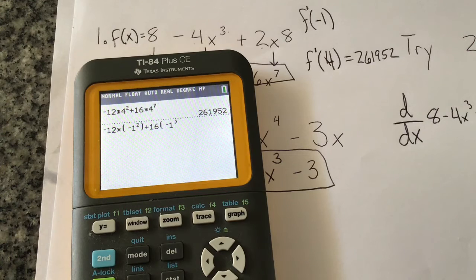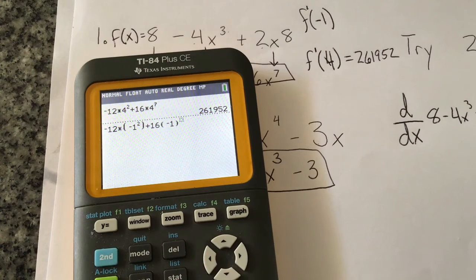I actually think I wrote that wrong in the calculator. And I wrote this one wrong. Calculators are so frustrating sometimes.